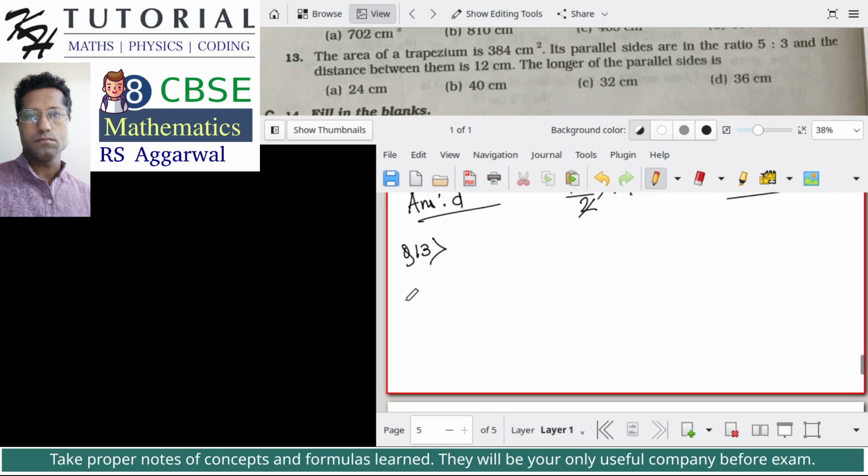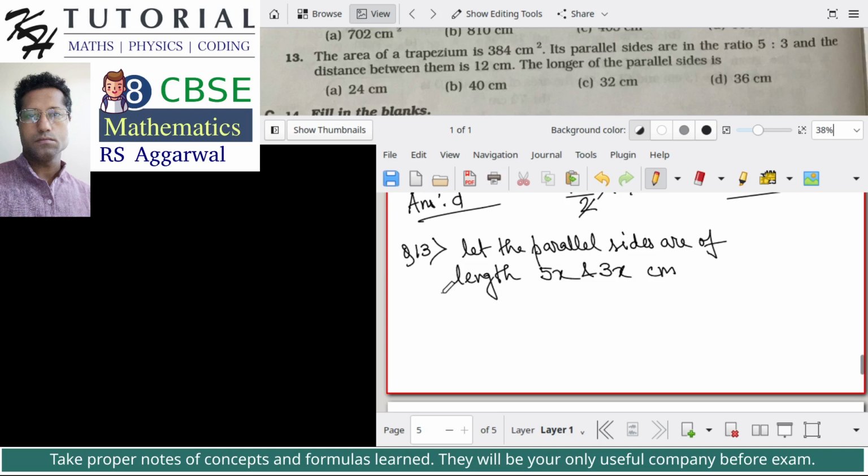The area of a trapezium is 384 centimeter square. Its parallel sides are in the ratio 5:3, and the distance between them is 12 centimeter. The longer of the parallel sides is. Based on the ratio, let the parallel sides be of length 5x and 3x centimeter.